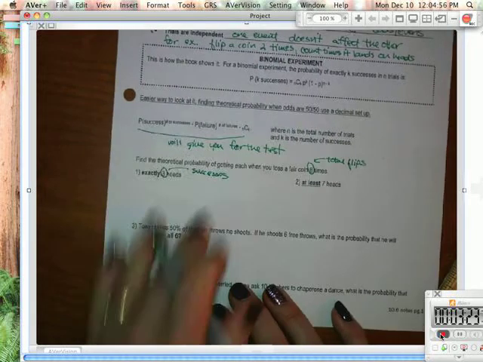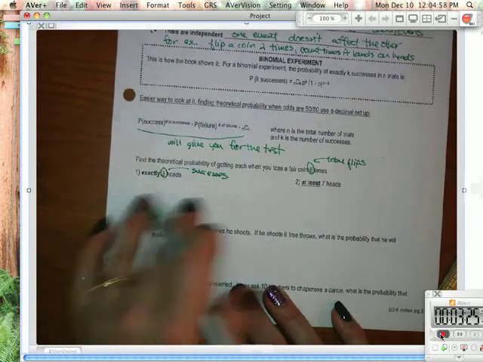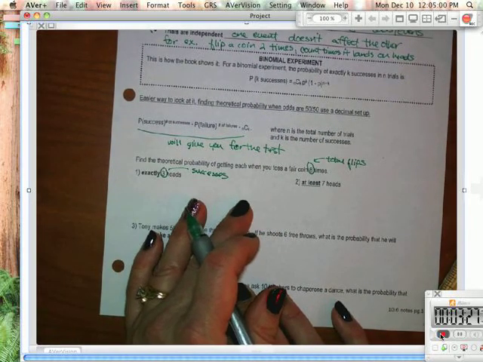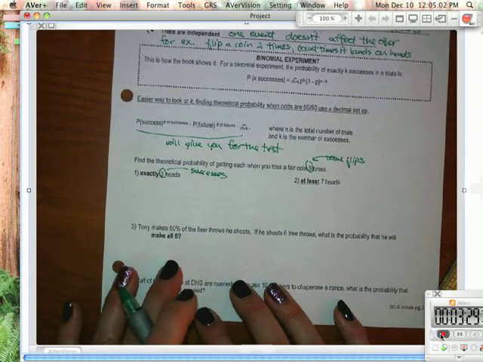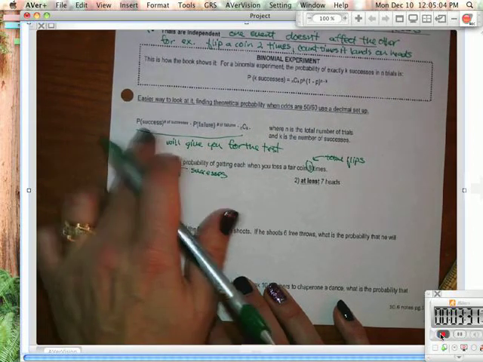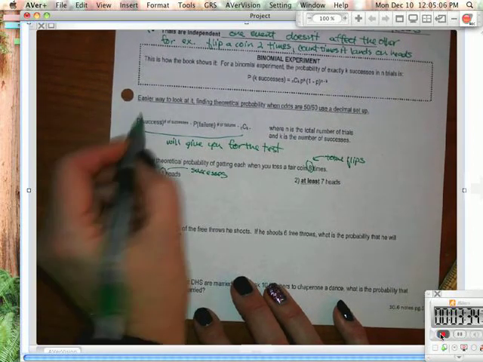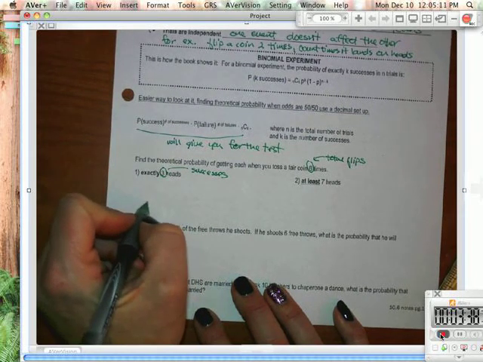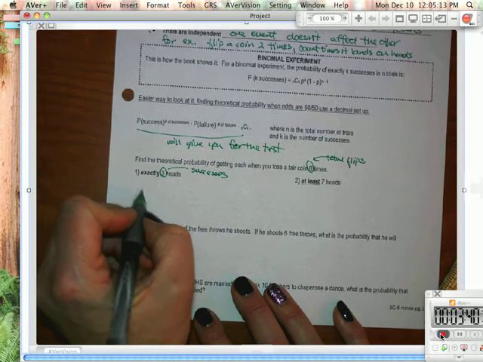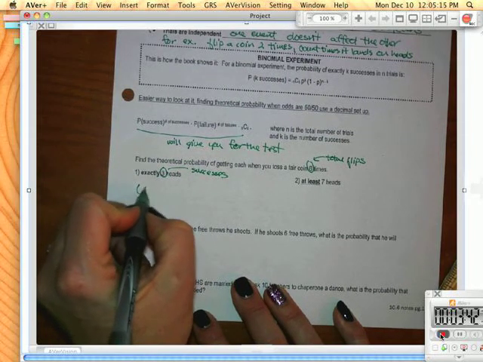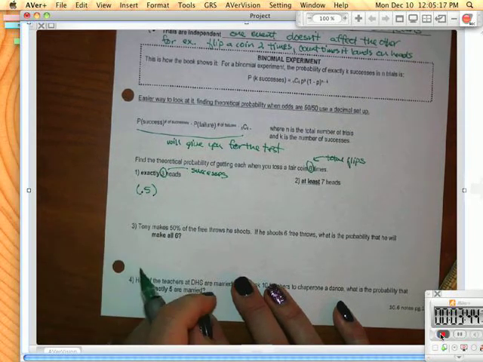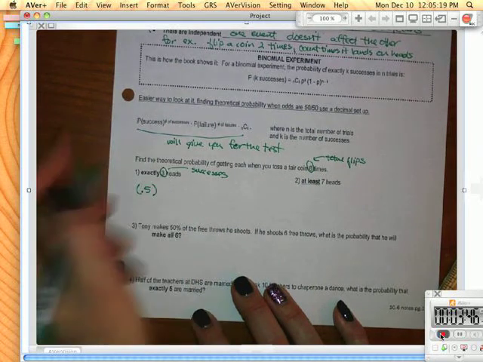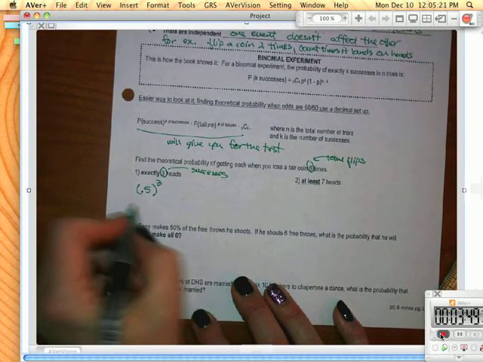If I go by what this says here, I can find the probability without actually tossing a coin multiple times and using experimental probability. I can just use this. The first thing it says is I have to write the probability of success. Well, the probability for getting heads or tails is 50-50. So the probability for getting heads is 0.5, and the number of successes I want is 3.